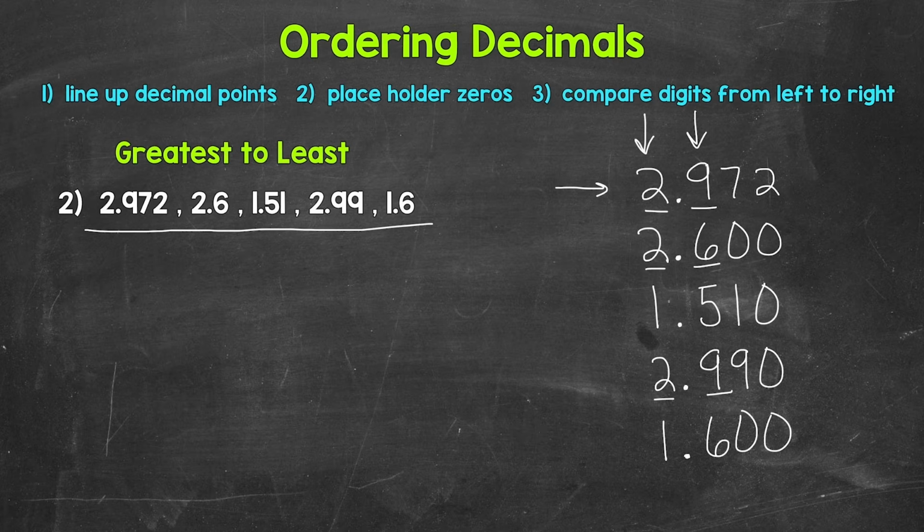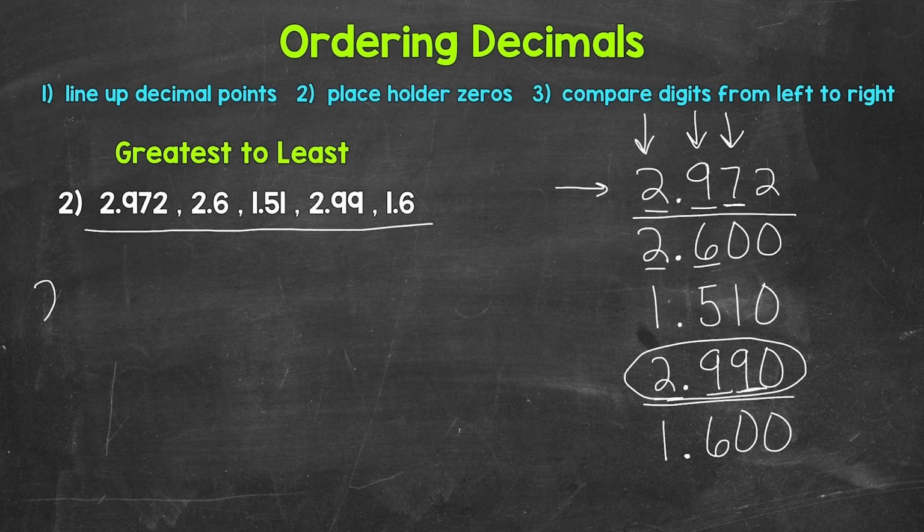Those 9's are greater than the 6, so now we have it narrowed down to these 2 right here. So let's work our way right to the hundredths place to see which of these is greater. We have a 7 and a 9. 9 is greater than 7, so this is going to be our greatest.